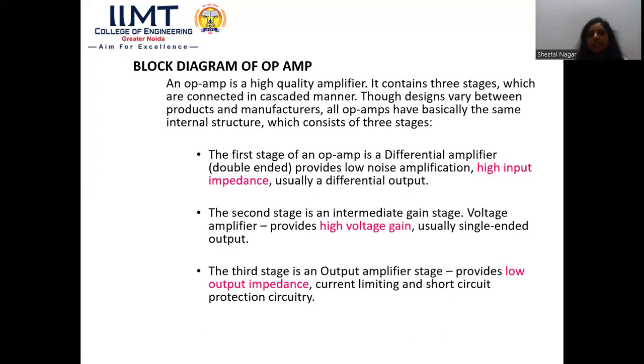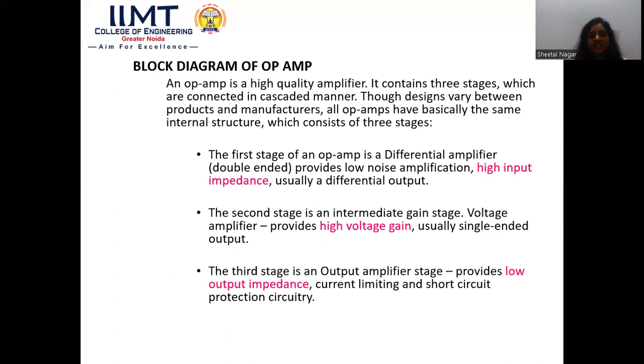The first stage of an operational amplifier is a differential amplifier which is double-ended, and it provides low noise amplification, high input impedance, usually a differential output. The second stage is an intermediate gain stage, which also provides a very high gain. The voltage amplifier provides high voltage gain, usually single-ended output.